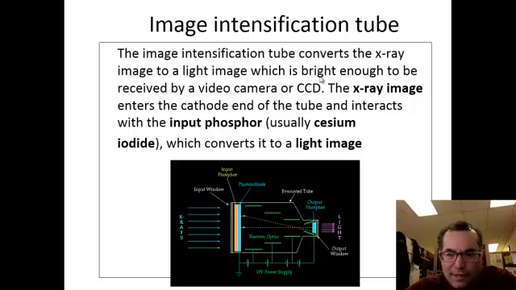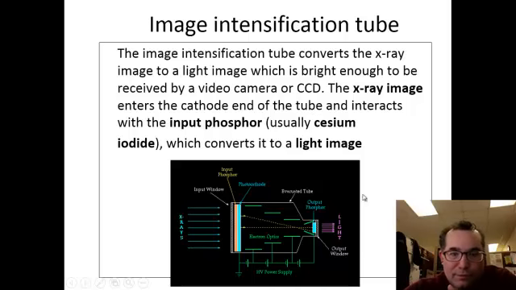But let's back up and take the steps and look at some of the parts that are involved in an image intensifier tube. Right, similar to an X-ray tube, we have a cathode side and an anode side. Right, so where our input window and our input phosphor, so think input is where things are going to be starting, output or where things are going to be ending, so our chain of events will be going from left to right.